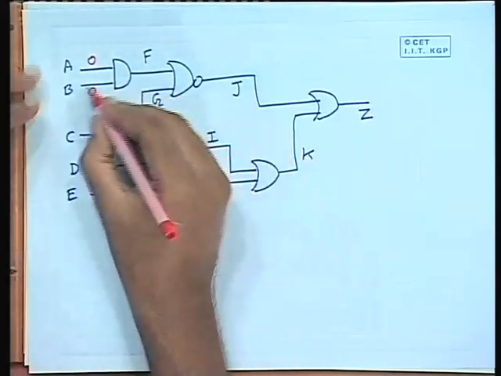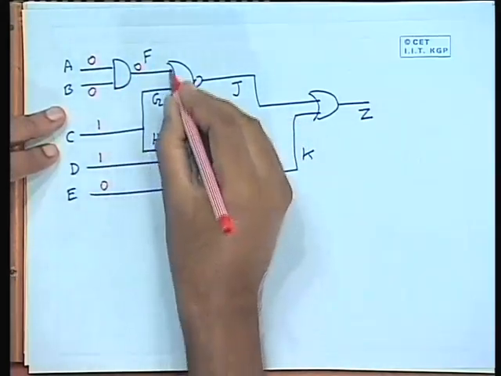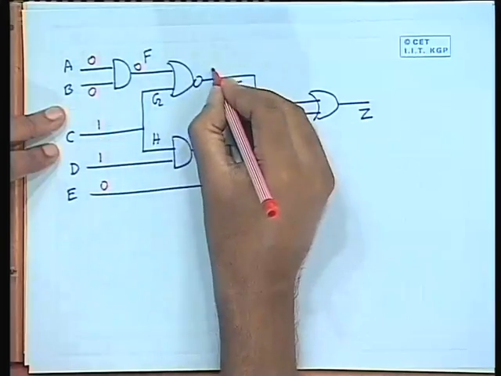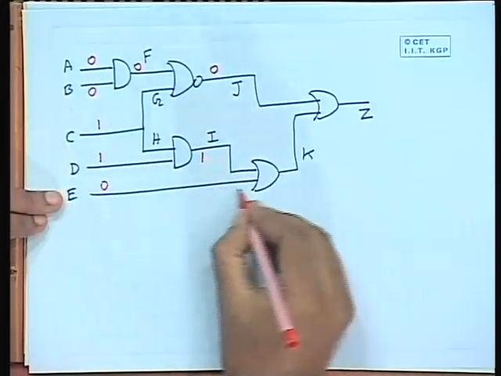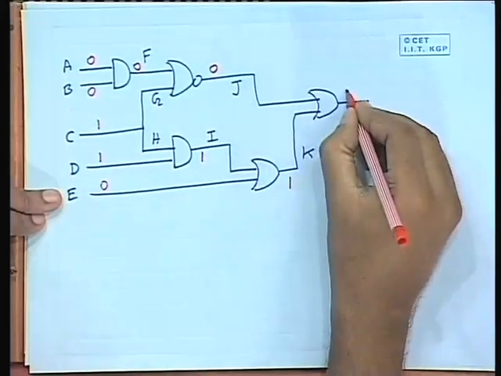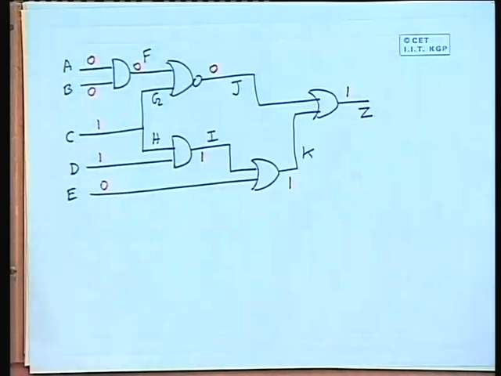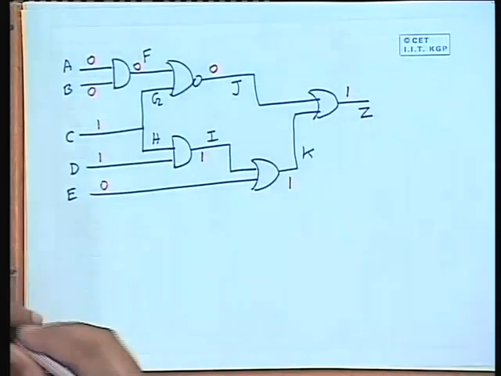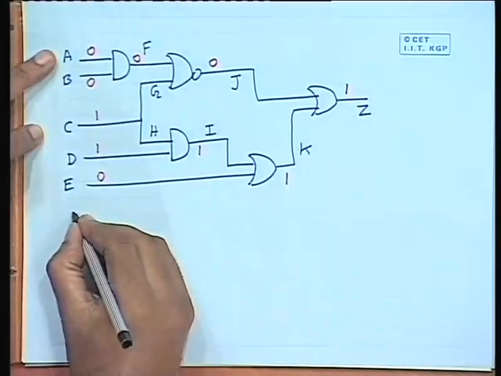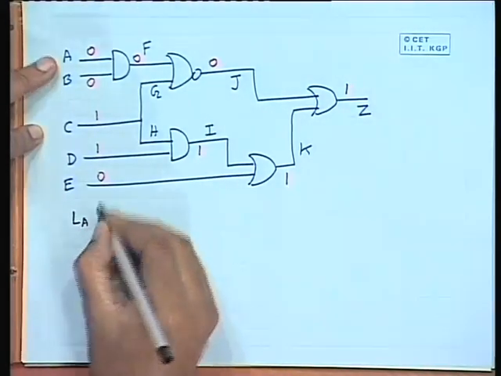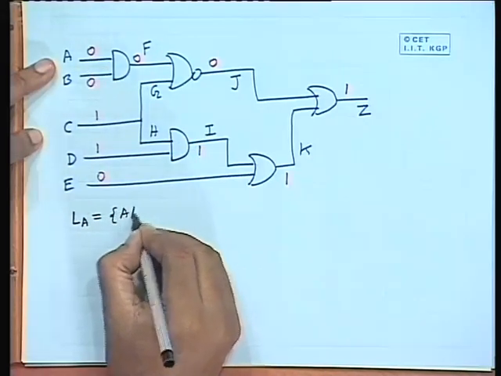So, the true value simulation says AND gate output is 0, OR gate one of the input is 1. So, this will also be 0, 1, 1, this will be 1, OR gate will be 1, this will be 1. Okay. So, now if we try to systematically compute the fault lists starting from the primary input LA, A is at 0, so LA will contain only A stuck at 1.